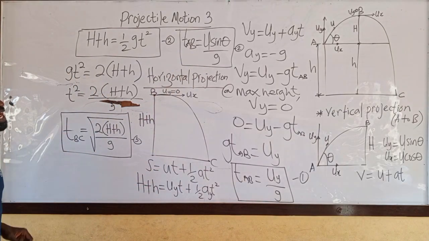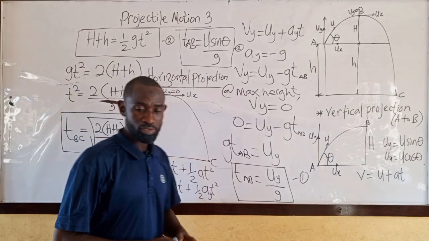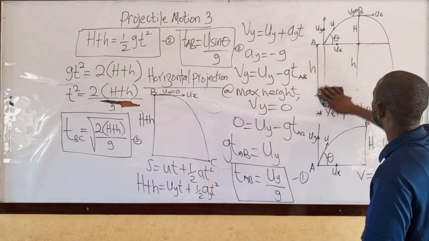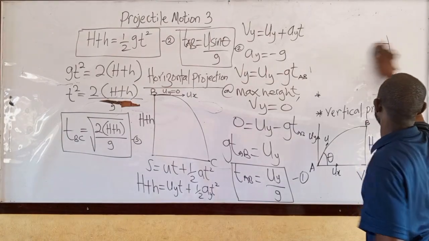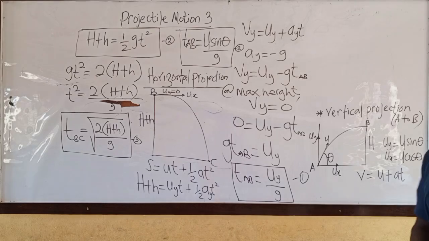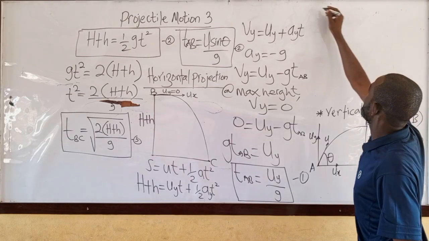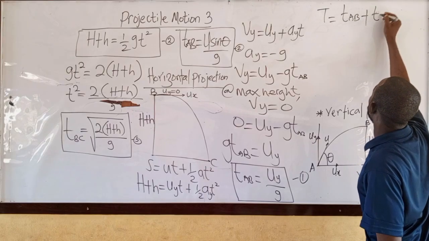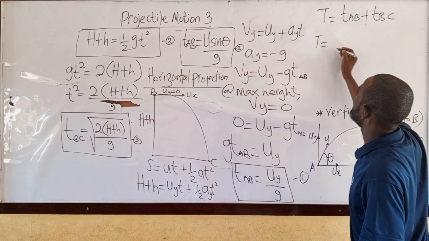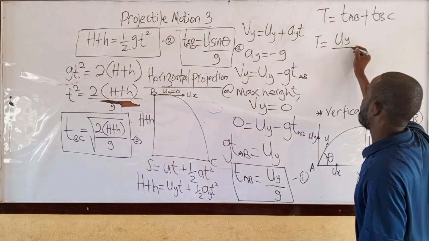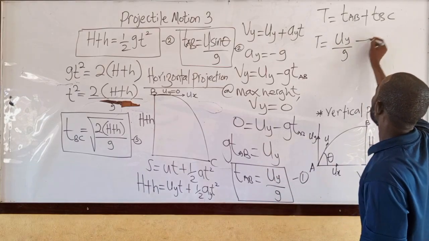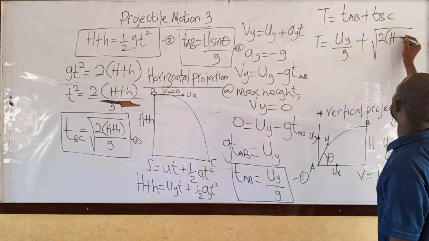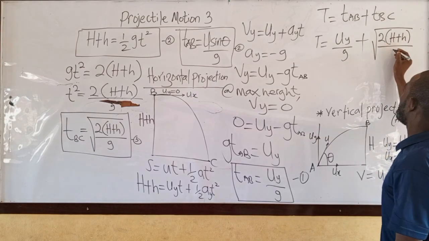So when you combine the whole time, the time spent by the body during the course of its motion will be equal to, let me write this one off, total time equals t of A to B plus t of B to C. That will give us u of y all over g plus the root of twice the sum of heights all over g.